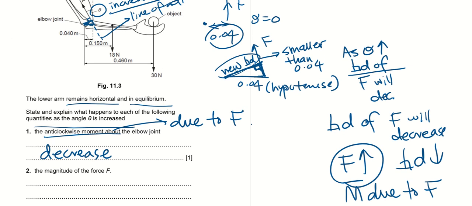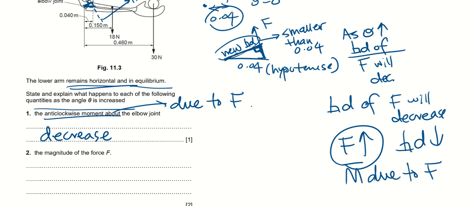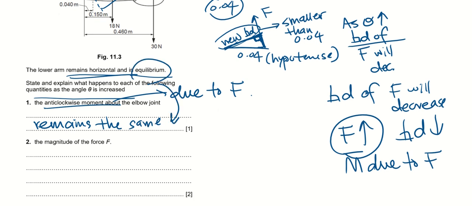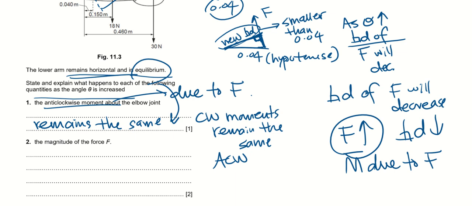Oh, but they say the lower arm remains horizontal and in equilibrium. So this is a trick question. The anti-clockwise moment will actually remain the same, because they say that it is in equilibrium. And since the clockwise moments remain the same, therefore the anti-clockwise moment must still be the same.